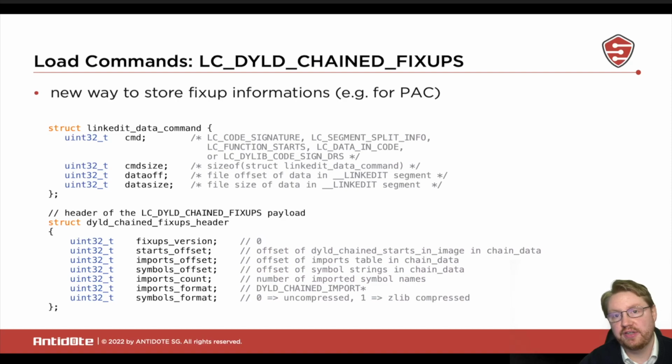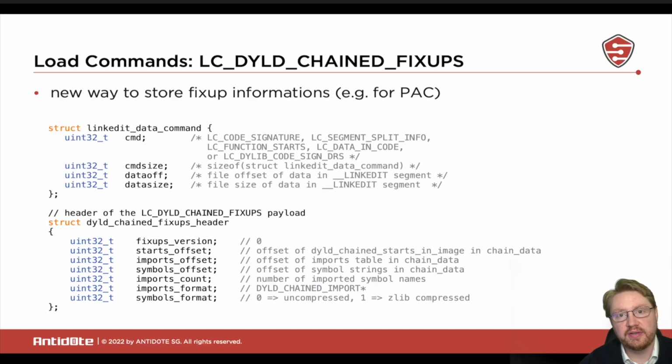New or relatively new is the LC_DYLD_CHAINED_FIXUPS. This one is stored as a link edit data command, so it basically just stores where the data is and how big it is, and then we have this kind of header for the chained fixup information, and then we have the tables and everything inside there.